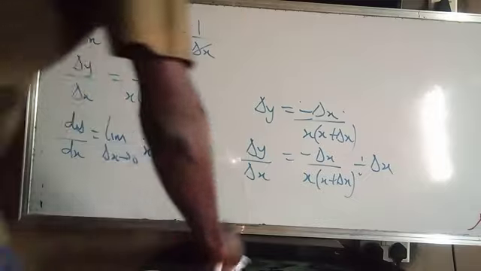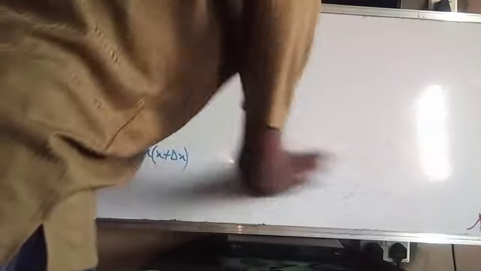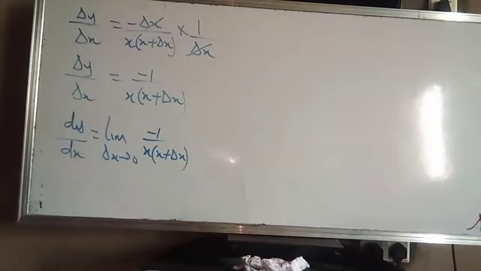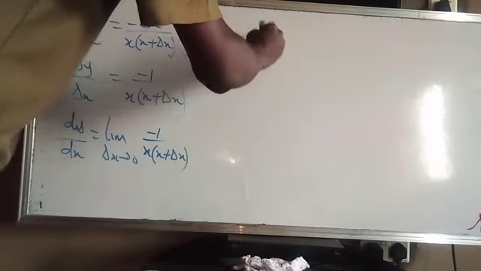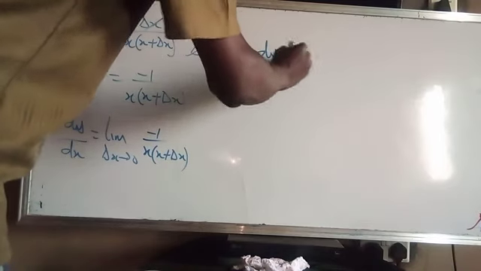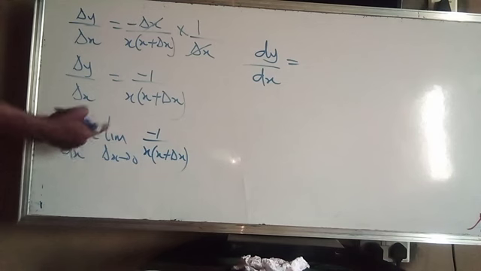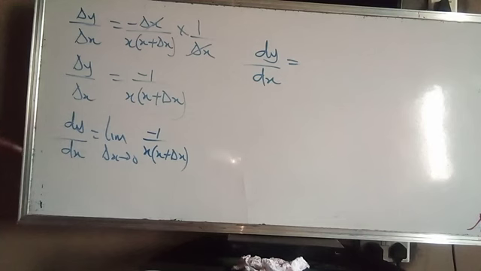So by the time you let your delta x tend to 0, which means put delta x to be 0, the limit sign will disappear. You don't have limit again because that's the meaning of dy dx. So when we are taking the limit of change in y with respect to change in x, we will not have change in y with respect to change in x again. We will now be having dy dx, which is the rate of change of y with respect to x.